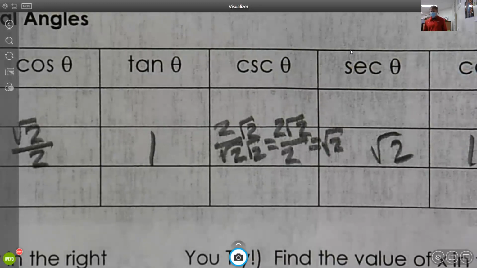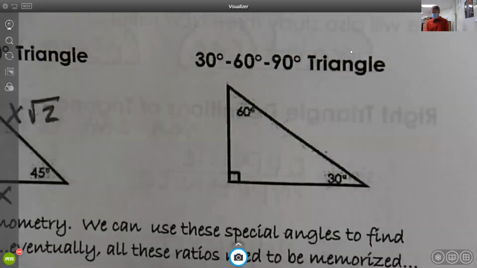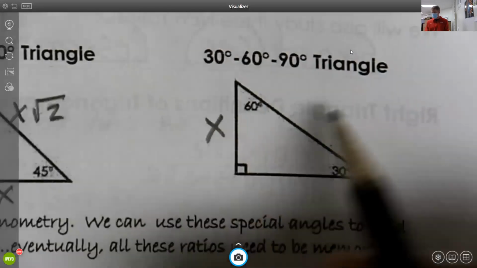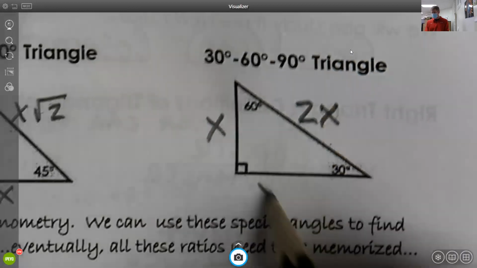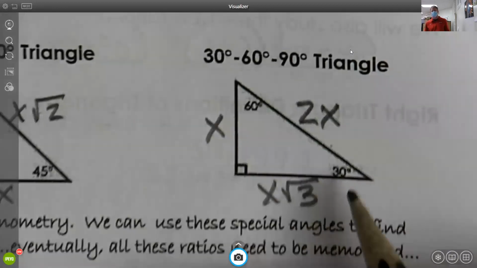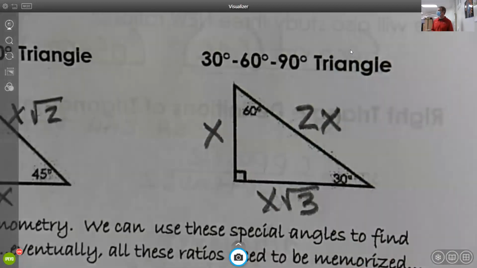All right, now we're going to look at the special right triangles for 30, 60, 90. We know that the relationship is that the short leg times 2 is the hypotenuse, and the short leg times root 3 is the long leg.